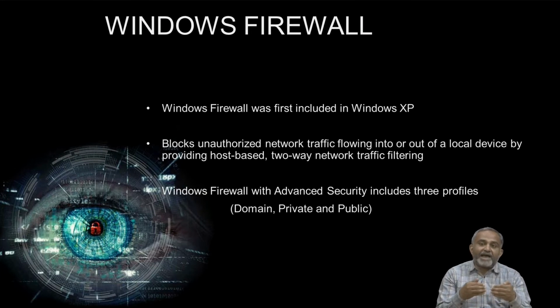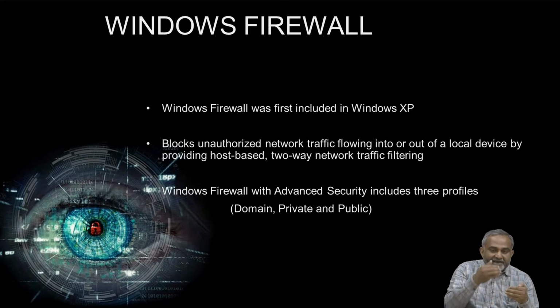The firewall checks each and every incoming traffic coming toward the host and entering into the host, and it also monitors the outbound traffic, that means the traffic which travels from the host toward the outside of the network.